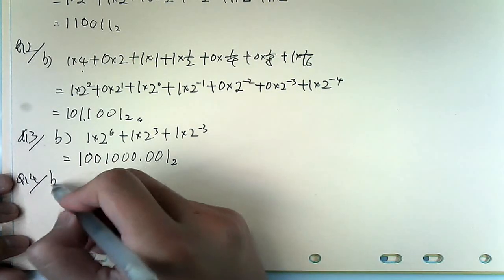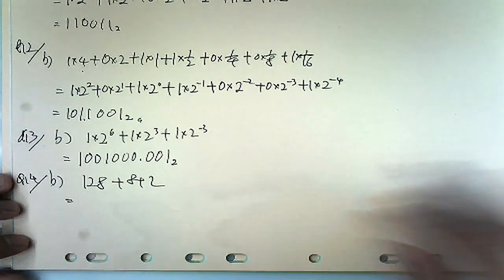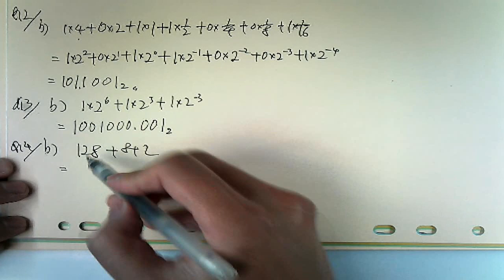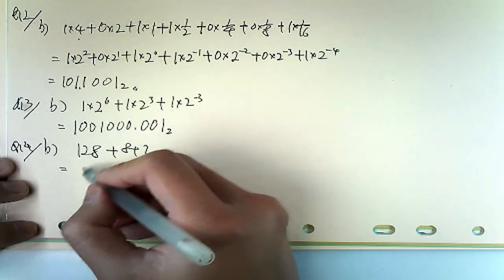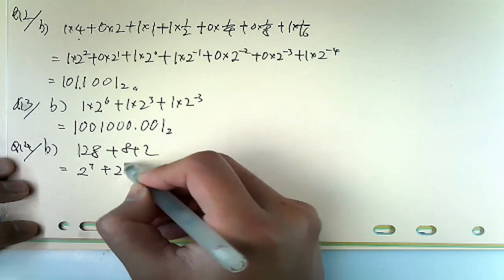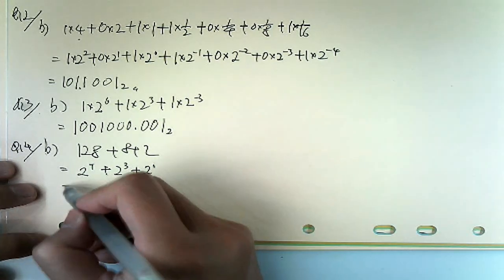So I do one more. 14, go to B, okay? 128 plus 8 plus 2. So make all the numbers to be 2 to the power something. Actually, you can use your calculator to try. 128 is actually 2 to the power 7. 8 is 2 to the power 3, and this 2 is 2 to the power 1. So how to do?